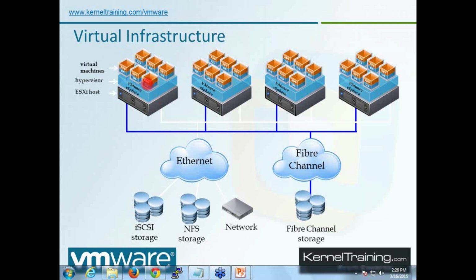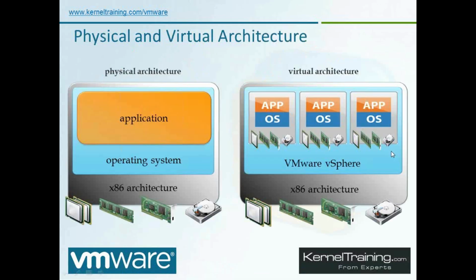So overall, you can see that the consumption of resources is better, the utilization is better, and I'm consuming very less power and very less resources when compared to the previous environment which was running on physical infrastructure. So this is how VMware or any virtualization is trying to help.